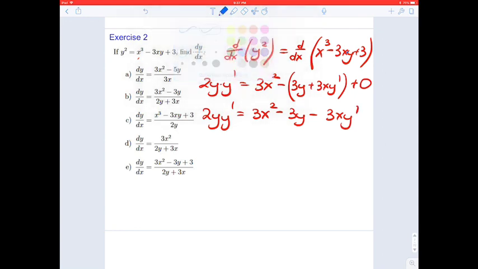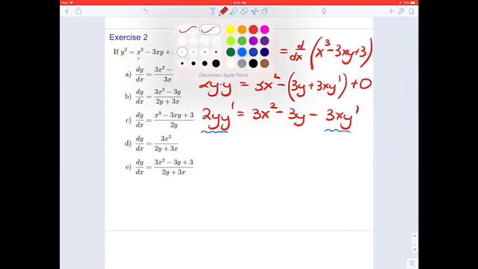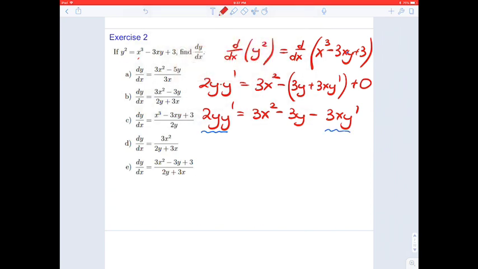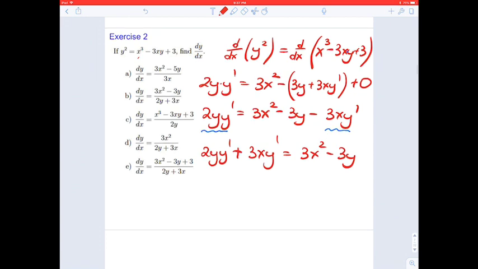We need this quantity and this one on one side, since I'm solving for y prime. 2y y prime plus 3x y prime, and the quantity 3x squared minus 3y will stay on this side.